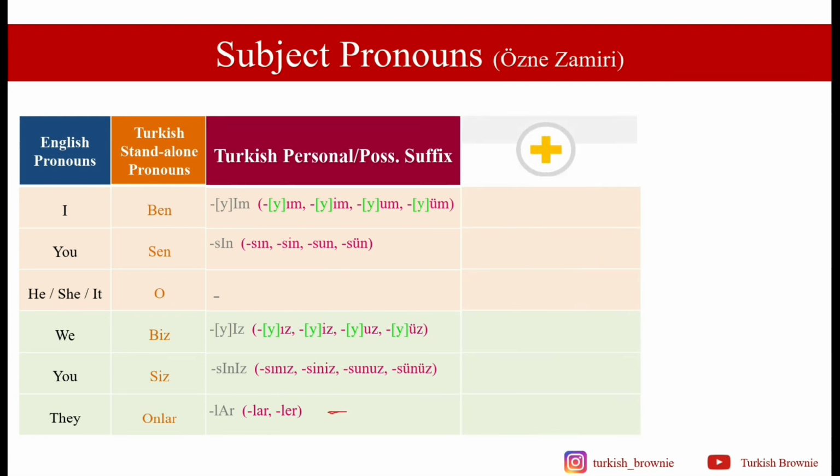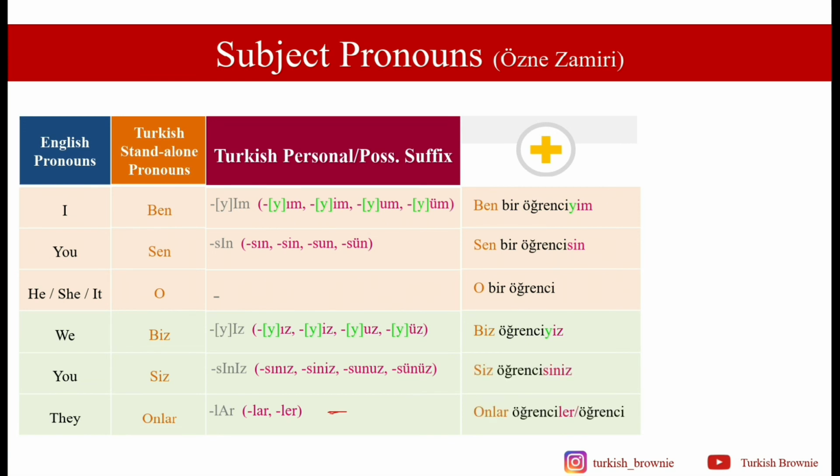And then we learned the positive sentences. An example is ben bir öğrenciyim, sen bir öğrencisin, o bir öğrenci, biz öğrenciyiz, siz öğrencisiniz, onlar öğrenciler, or onlar öğrenci. However, you're going to prefer the öğrenci form with no suffix.